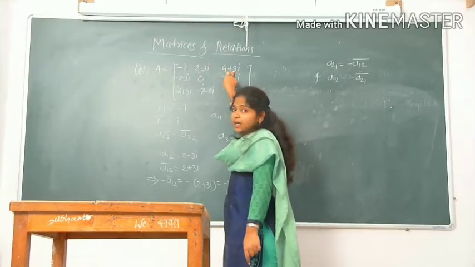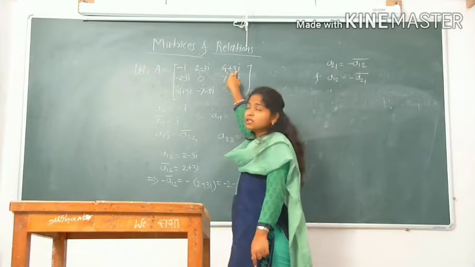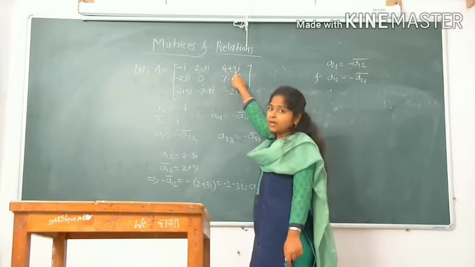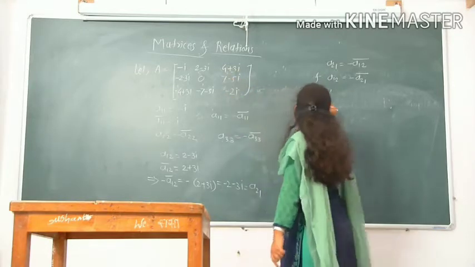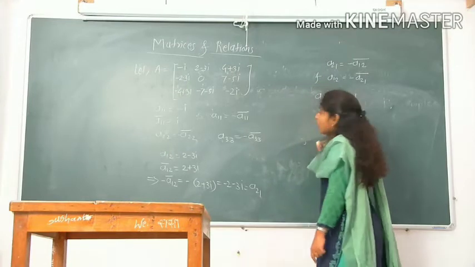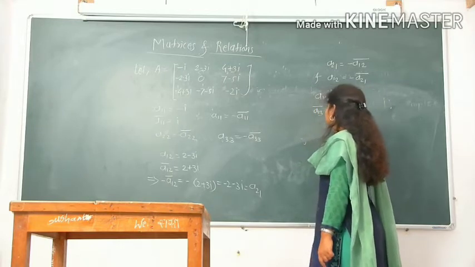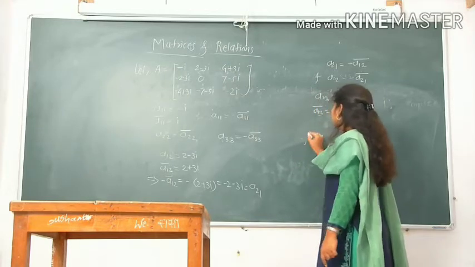Now 4 plus 3i is placed at first row and third column. Therefore, A13 is equal to 4 plus 3i. Now we take its conjugate, so A13 bar is equal to 4 minus 3i.